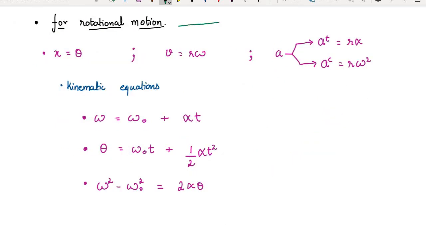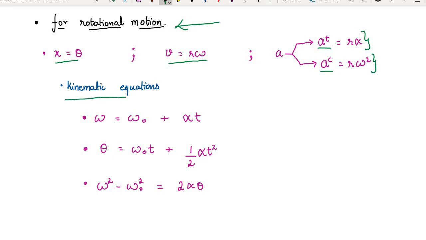Now let us see the kinematic equations for rotational motion. Here the displacement x is equal to theta and linear velocity is equal to r omega, and acceleration is of two types: tangential acceleration and centripetal acceleration. The value of tangential acceleration is equal to r times alpha and the centripetal acceleration is equal to r times omega square.